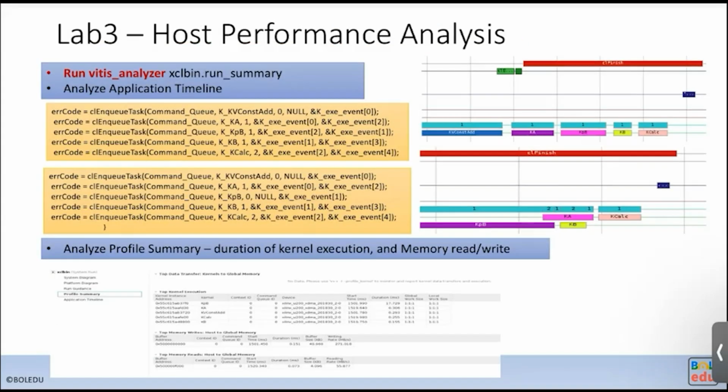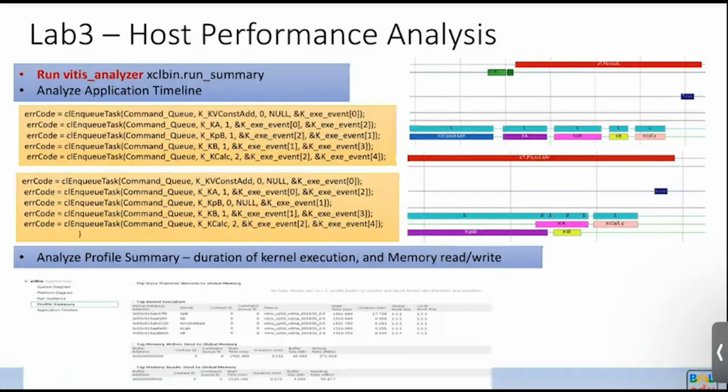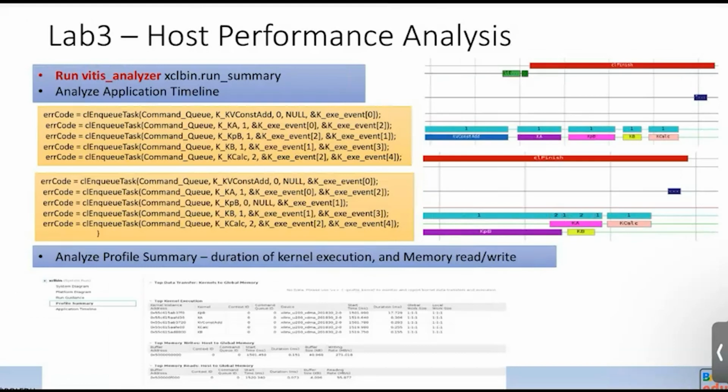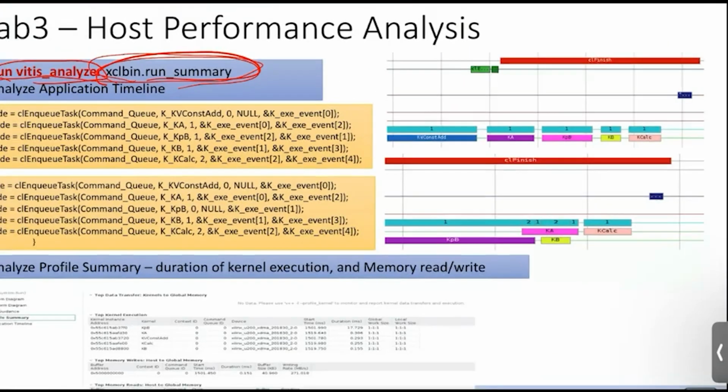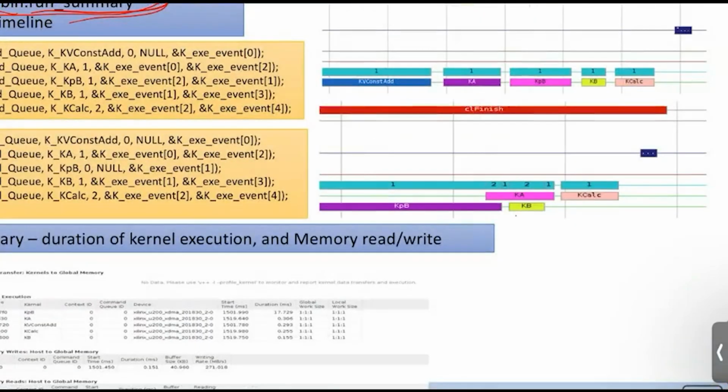Okay. So at the last, in lab 3, you can run the Vitis analyzer. When you do the hardware emulation, it generates a summary report, and then you can use Vitis analyzer to take a look at all the timelines. When you do the out of order execution, you will see kernel A and kernel B running concurrently.